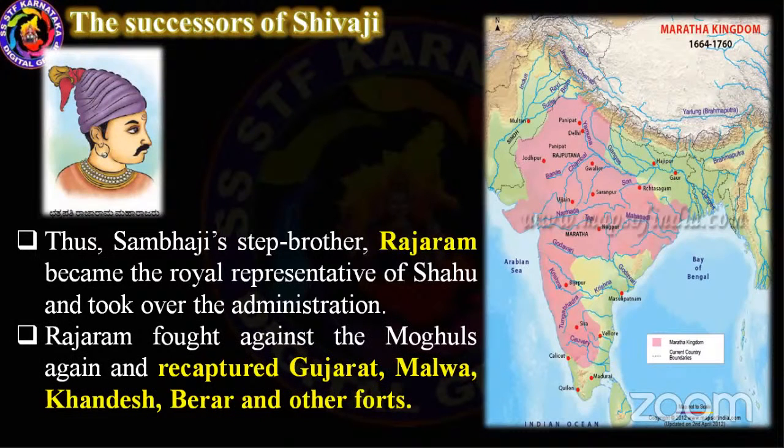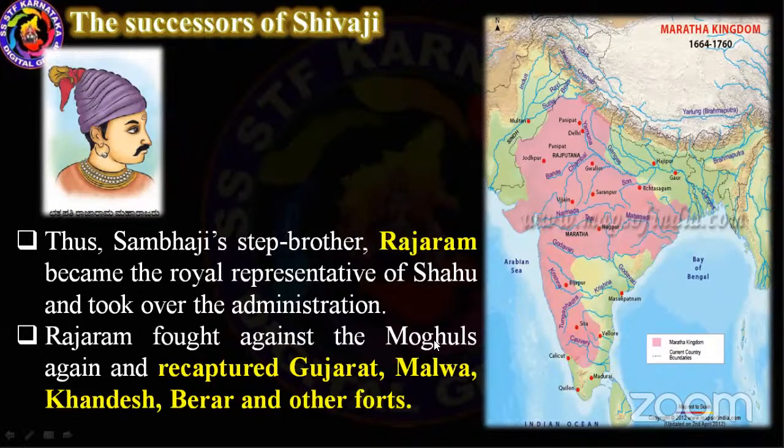This is the extent of the Maratha kingdom during the time of 1664 to 1768. Almost all of the northern part and the eastern part of the southern part were examples of Maratha rulers nearly 100 years ago.